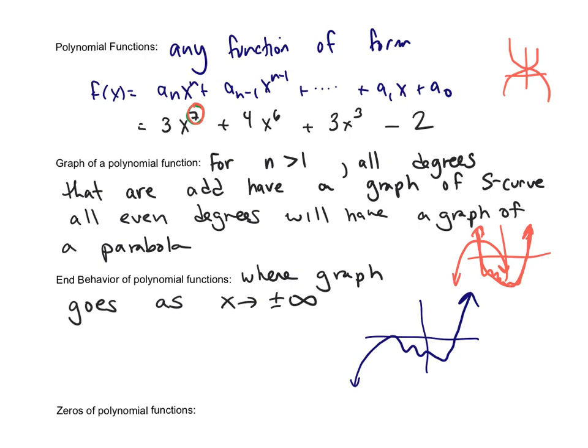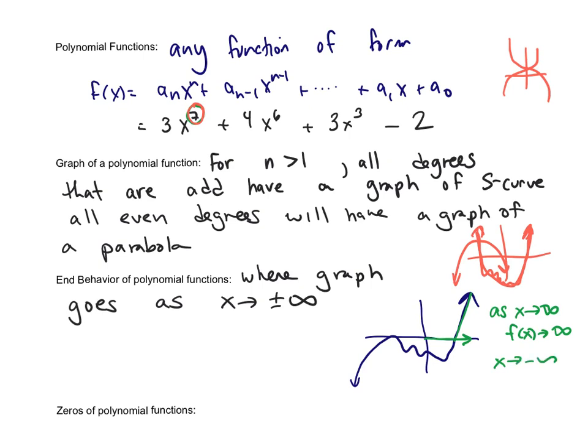So for its end behavior, as x goes off to infinity, so as the x values get larger and larger and larger, what happens to the f of x values? What happens to the y values? Well, as the x's go up, the y values get higher and higher and higher. So the f of x values go to infinity.